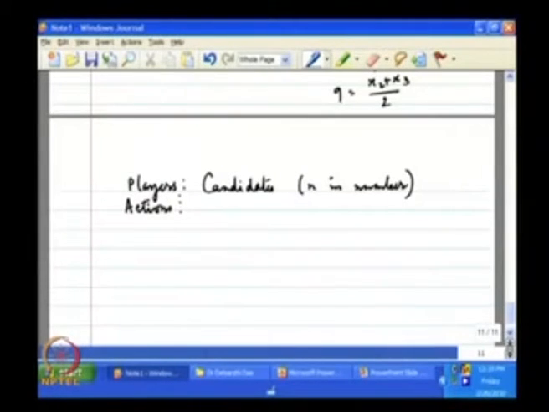So, what are the actions that they are taking? The actions are basically numbers.